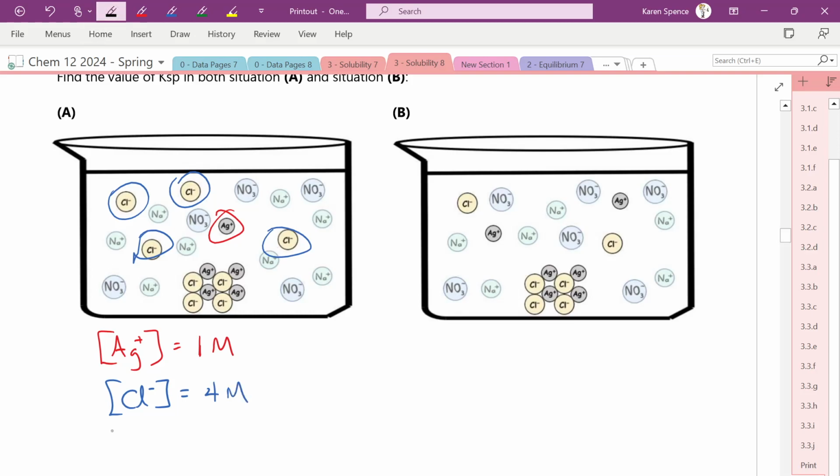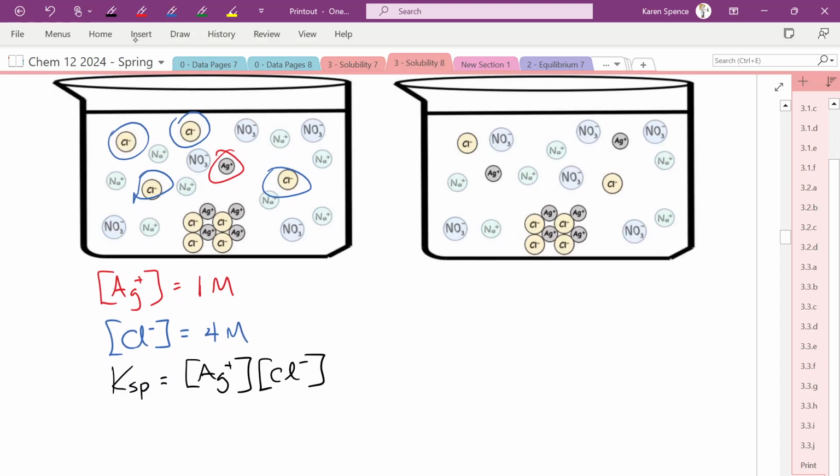And our KSP is equal to the concentration of silver times the concentration of chloride. So what is that going to equal here? 1 times 4 equals 4.